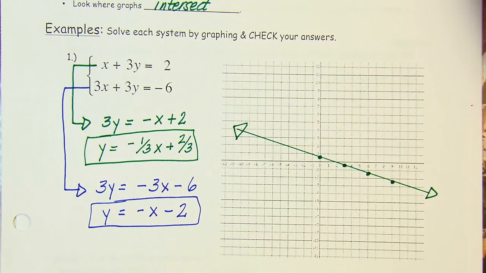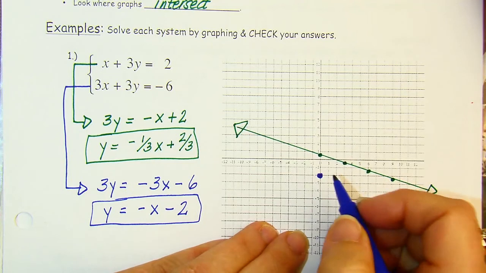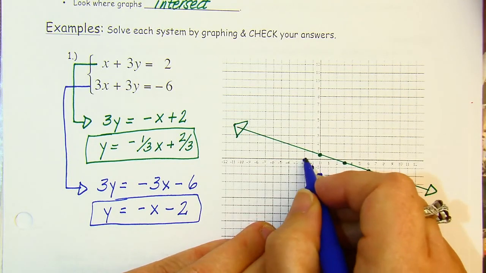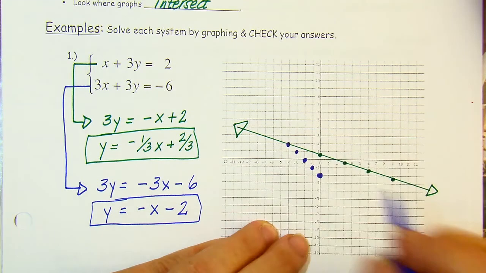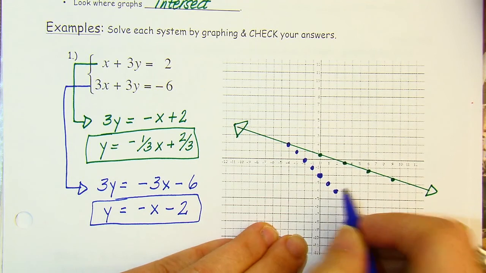I'm going to plot the y-intercept, -2. I'm going to use my slope of up 1, left 1, and repeat, or down 1 to the right 1, down 1 to the right 1. That should be enough.